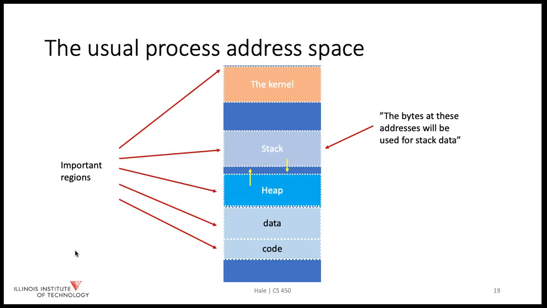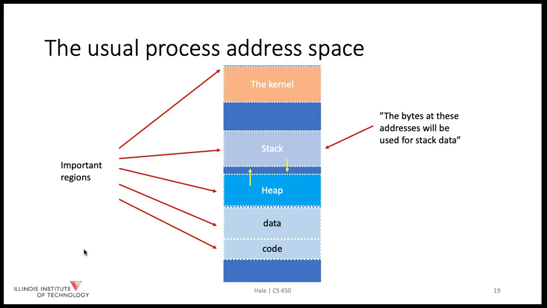Okay. So when we look back at that usual user process address space, there is a particular set of addresses, these stack addresses, and we attach some meaning to those, which means they will map to bytes in memory, which correspond to the stack.